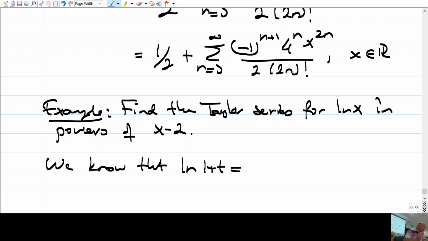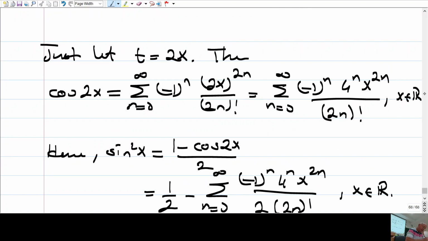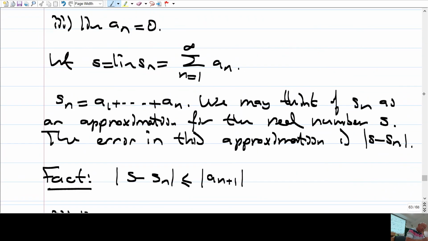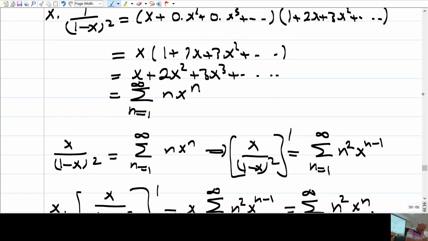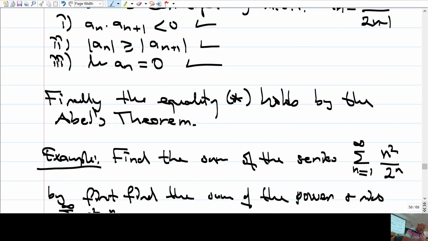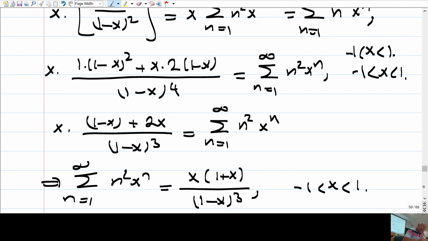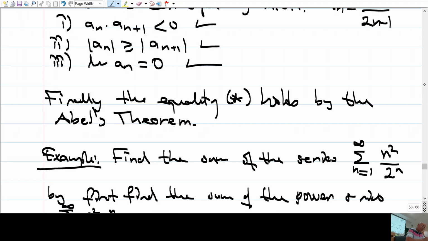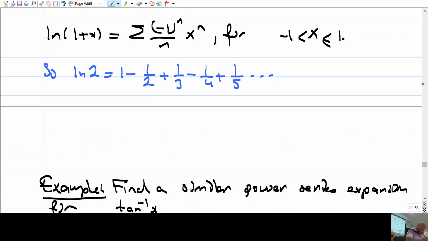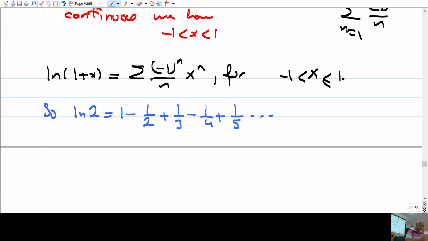It was t minus t squared over 2 plus t cubed over 3 minus t to the 4 over 4, and it goes like this. Where did we do this? Let me find it right away. It has been a while since we did it. Here. Okay, ln 1 plus x. Right? It was minus 1 to the power n over n, x to the power n.